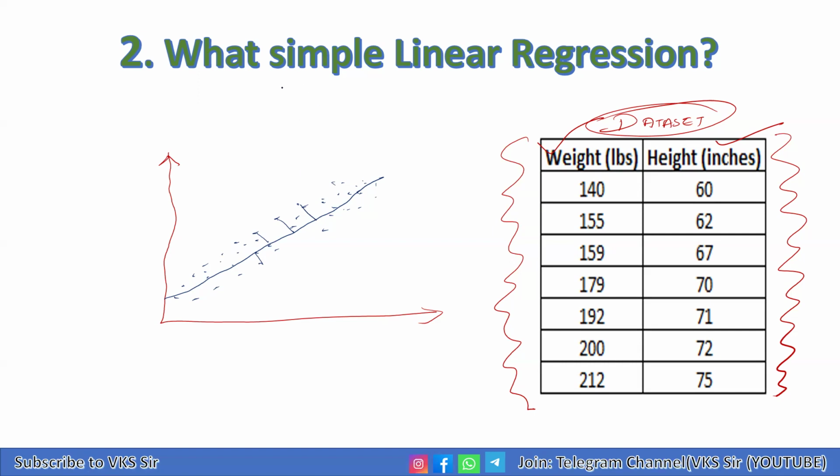As the algorithm name is simple linear regression, this line is created with the help of the equation y = mx + c. Hence you are clear that this is a linear line, and we are focusing on creating one model, and this line is nothing but the model.